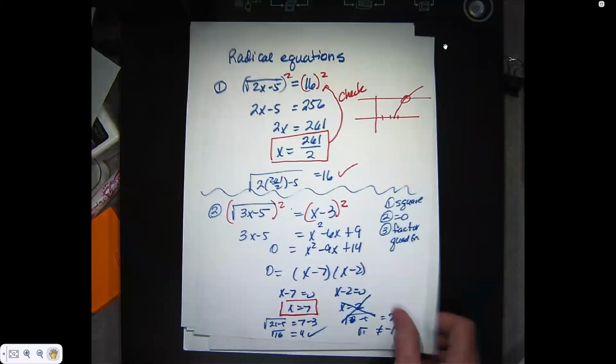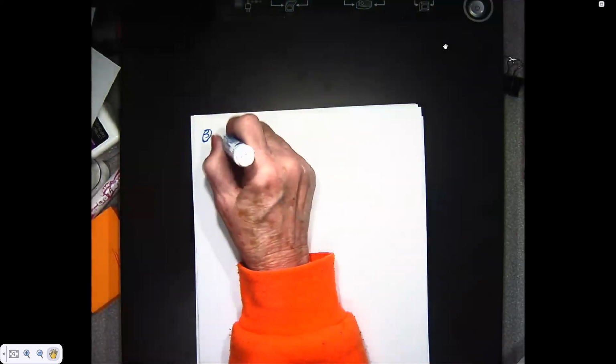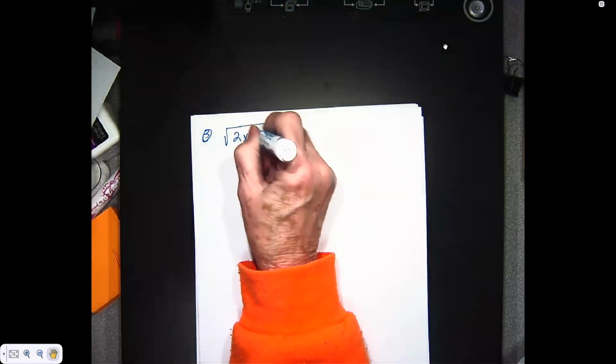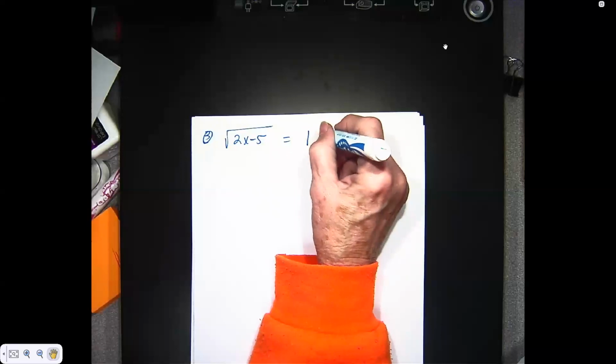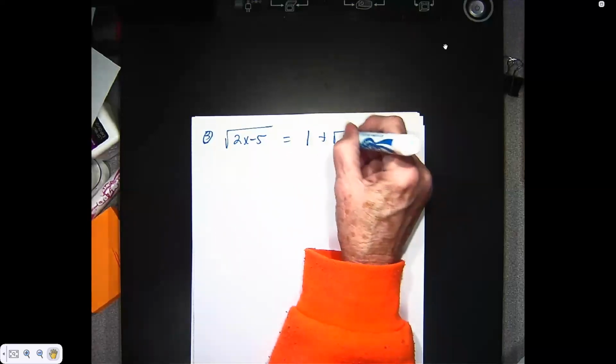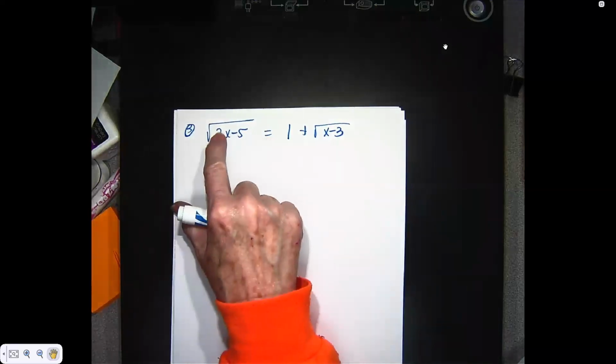Okay, it is possible for there to be more than one square root in a problem. So you really need to be careful when you're working problems like that. So the square root of 2x minus 5 is equal to 1 plus the square root of x minus 3. Again, I have one of them isolated.